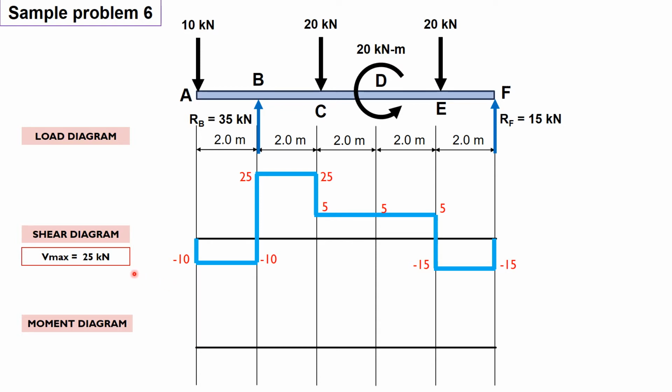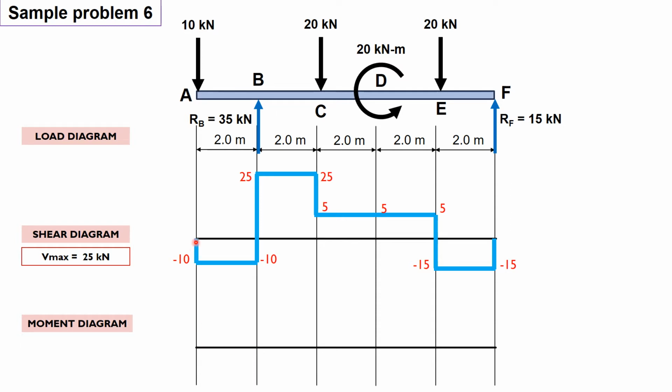Now, dito sa A, so if you will start at A, wala tayo ditong given na couple or moment as a load. So 0 na yung moment mo dito. And then, punta ka doon sa kabilang point ng segment na yan, which is B. So how do you get the moment at this point?